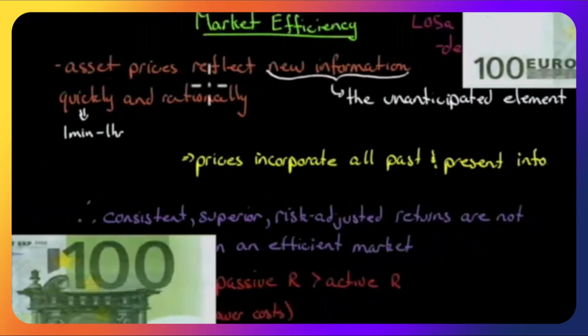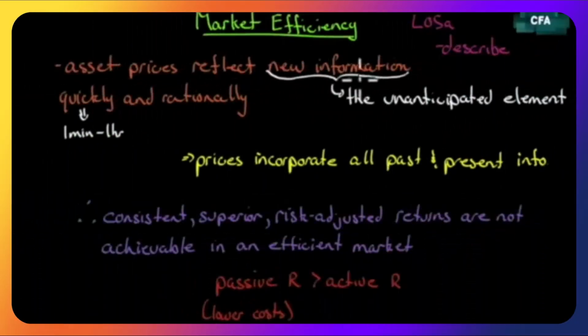So, asset prices will reflect new information quickly and rationally. That's market efficiency, in a nutshell. We're making no qualitative opinion about the nature of this information. We're just saying, is it new? There you go. We'll incorporate or reflect new information quickly and rationally. What is quickly?